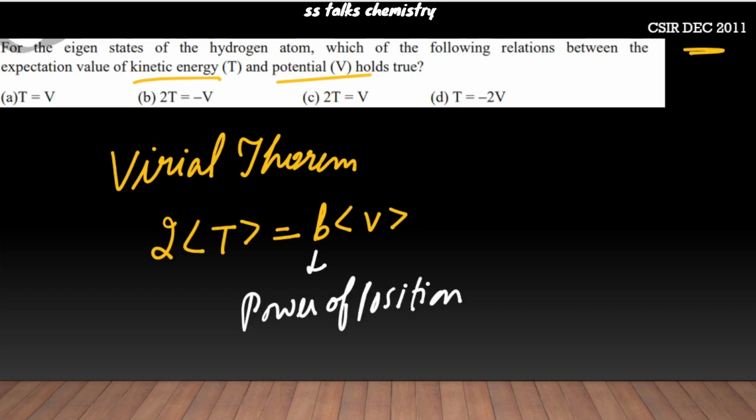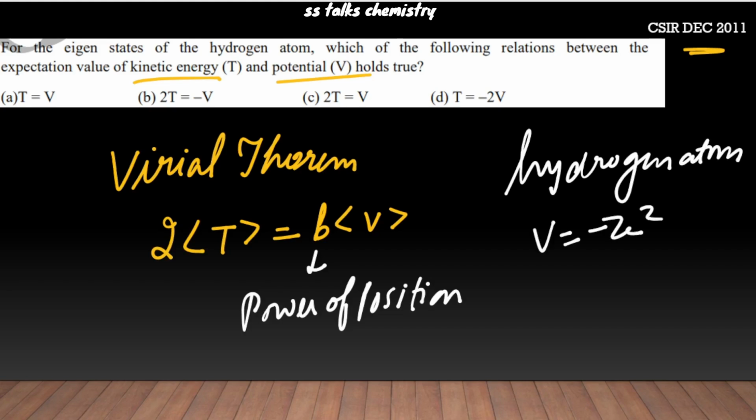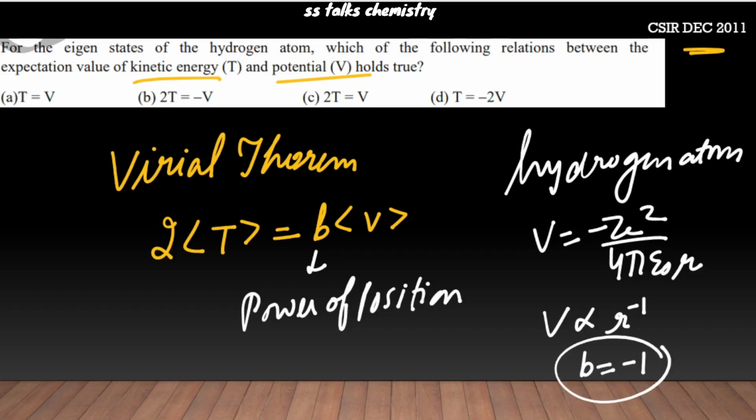Now here it is for the hydrogen atom. For the hydrogen atom, the potential energy that we have is minus Ze square upon 4 pi epsilon naught into R. So the potential is proportional to R raised to the power of minus 1. So the B value is the power, that means it is minus 1.